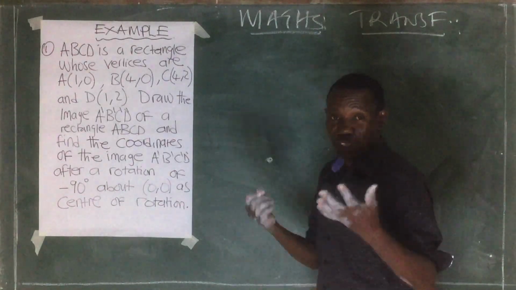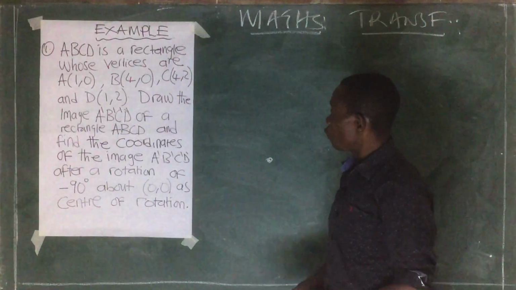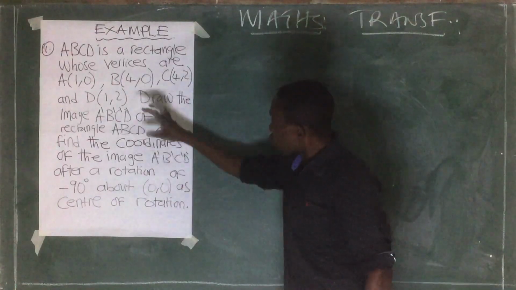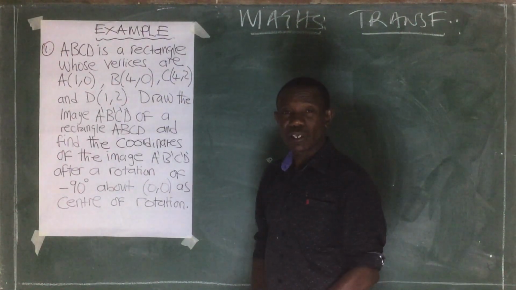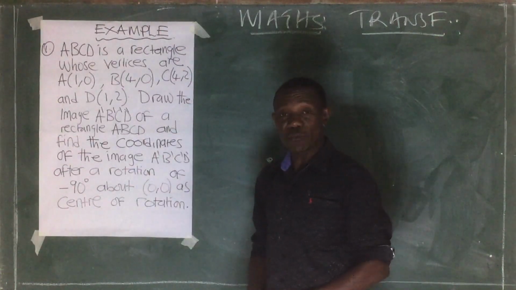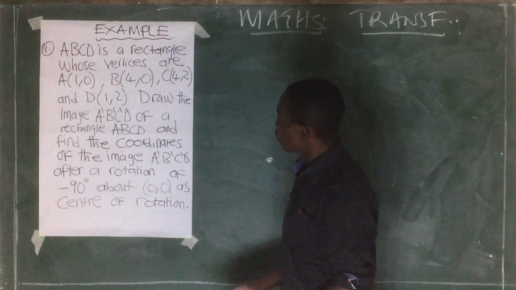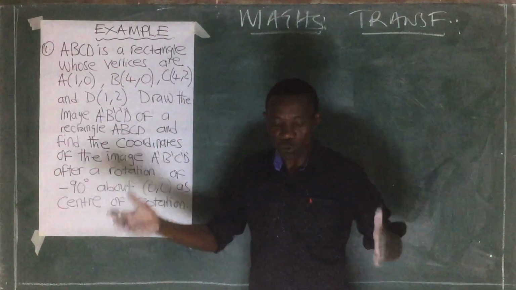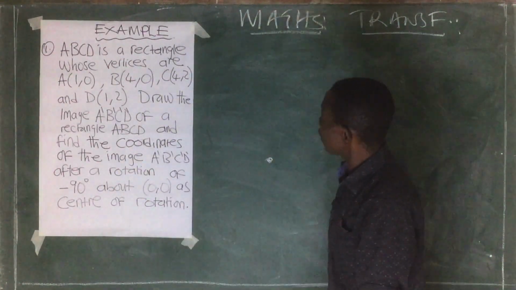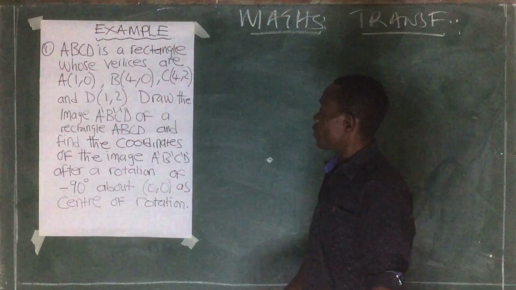As a student, given the graph paper, what you need to do first is draw this rectangle ABCD. You have the vertices given with their coordinates, so fix these coordinates in the Cartesian plane and connect them in order to yield the rectangle defined in this question.